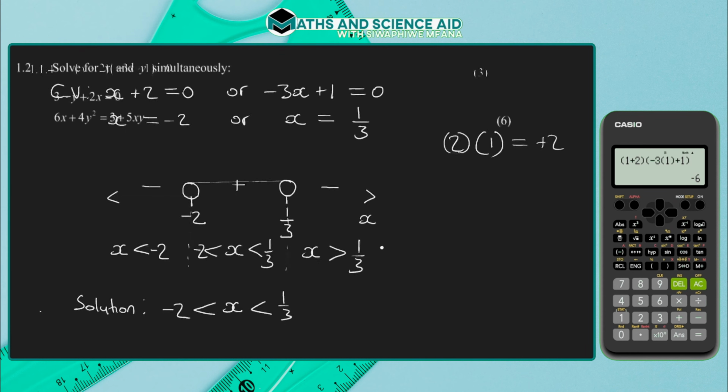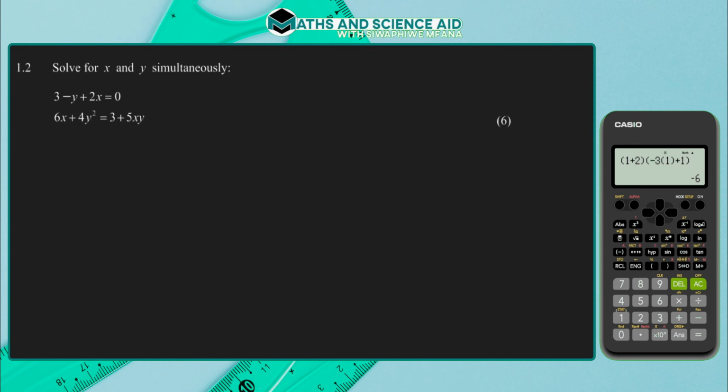And now 1.2, solve for x and y simultaneously. Here we've got two equations: 3 minus y plus 2x is equal to 0, and a second equation, 6x plus 4y squared is equal to 3 plus 5xy.